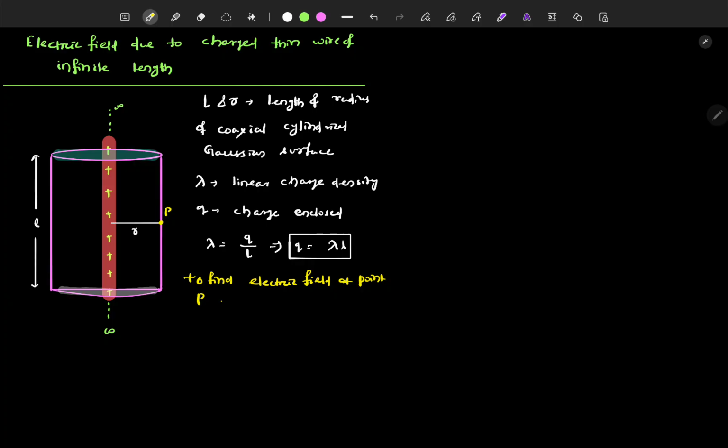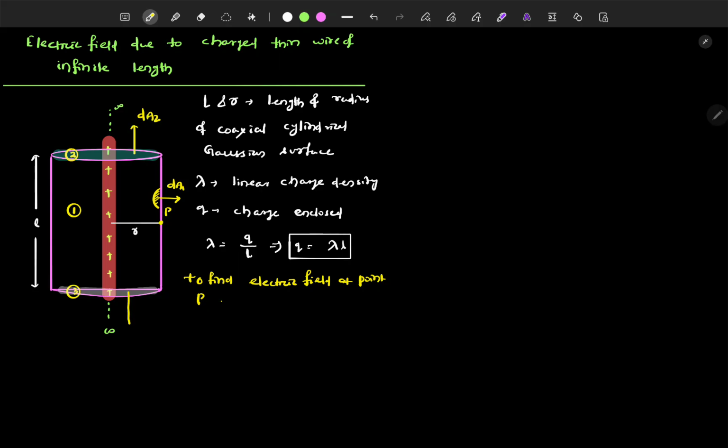So in each case we can write the area vector. Let the curved surface be the first surface, the top surface the second surface, and the bottom surface the third surface. For the first surface, the area vector is dA1. For the second surface, the area vector is dA2.